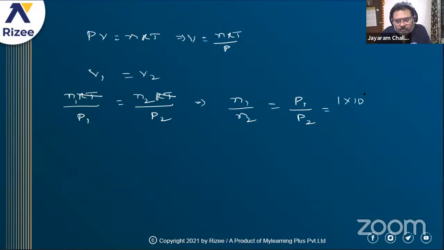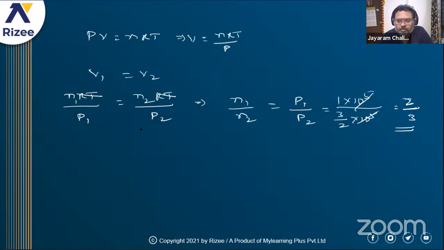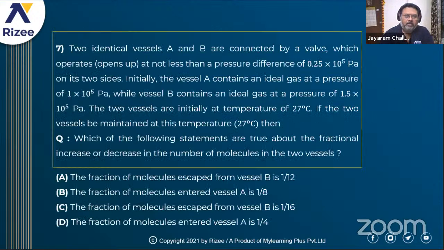So 1 into 10 to the power of 5 by, writing 1.5 as 3 by 2 into 10 to the power of 5. Remove this one. So they are in the ratio of 2 is to 3. This is the value of the ratio of N1 and N2. So that is your option B. This is the one he has asked.